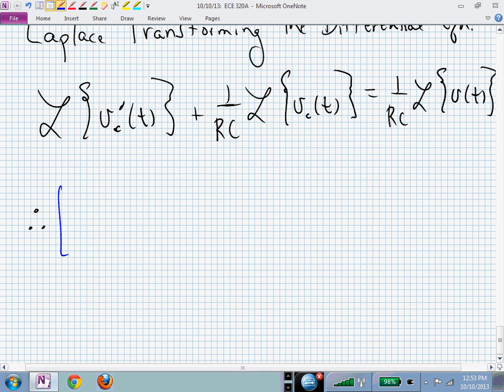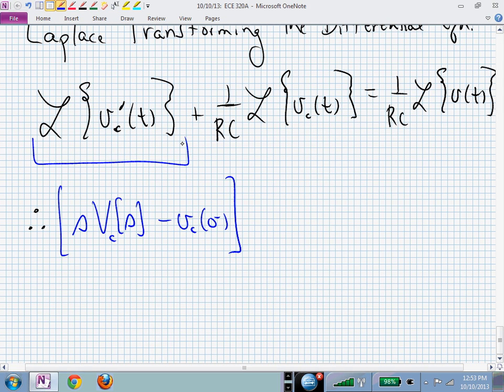So now you have a multiplication by S. You now have S, Laplace transform of little v sub c becomes capital V sub c of S. Is that the only thing I have to worry about? Then in general, I have to worry about the initial condition, don't I? So this is now minus V sub c of 0 minus. And that's coming to us from that piece.